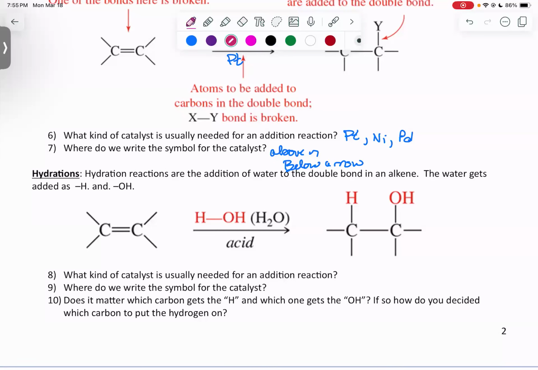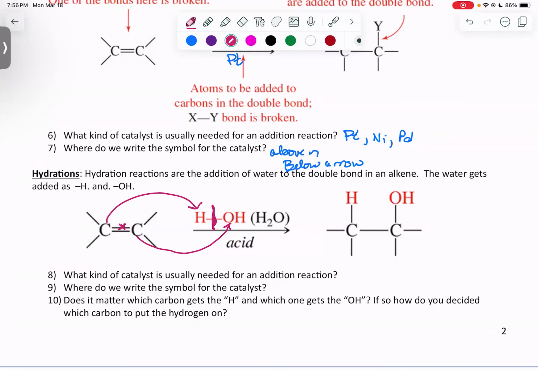So what happens is you break the water, just like we did before. And we also break one of the bonds in the carbon-carbon double bond. So now one of the carbons is going to pick up a hydrogen. One of the carbons is going to pick up a hydroxyl. So in order for this to happen, you have to have it in very, very acidic conditions.